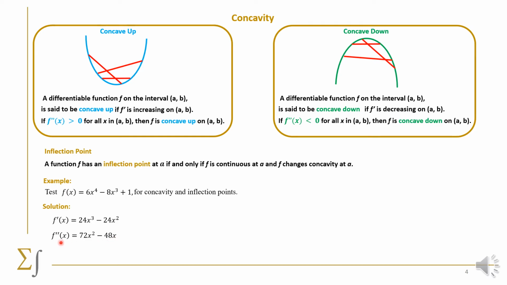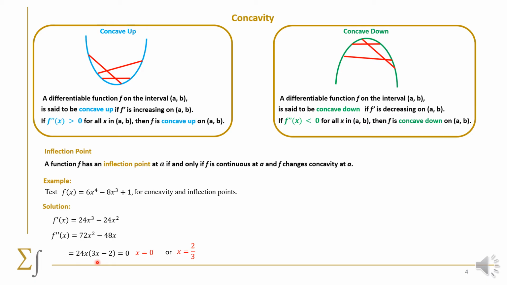Now we put the second derivative equal to 0 and try to find the values of x at which the second derivative is 0. We can factor 24x as a common factor. So here we have 24x multiplied by (3x minus 2) equals 0. This makes it easier for us to see that x equals 0 makes the second derivative 0.